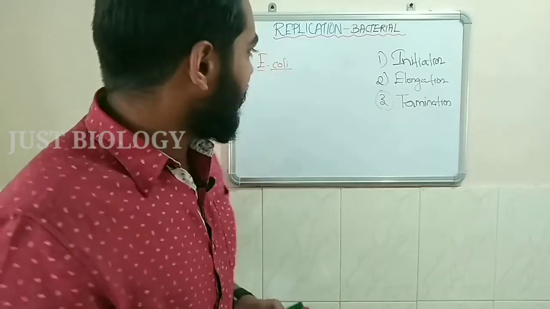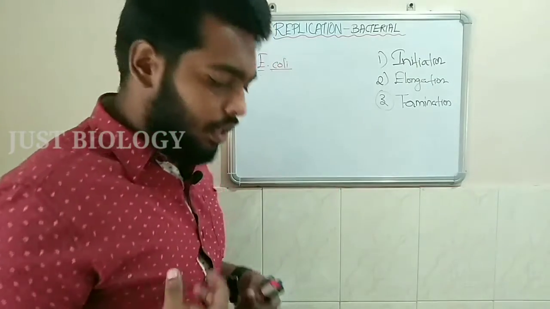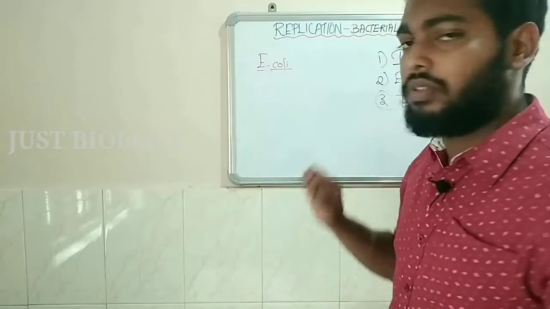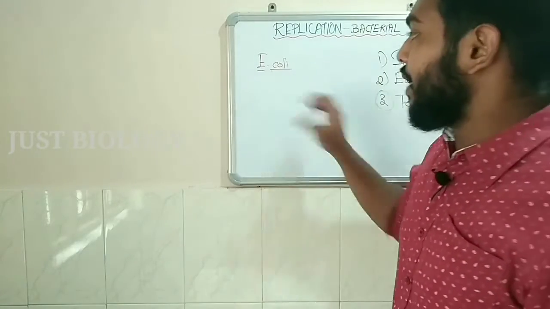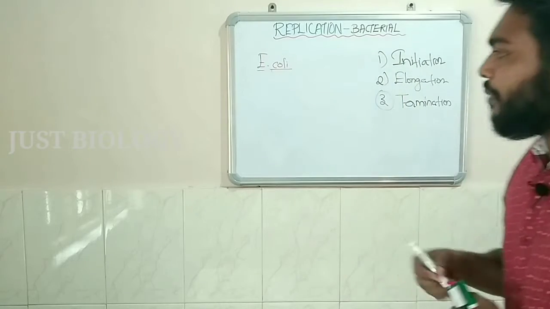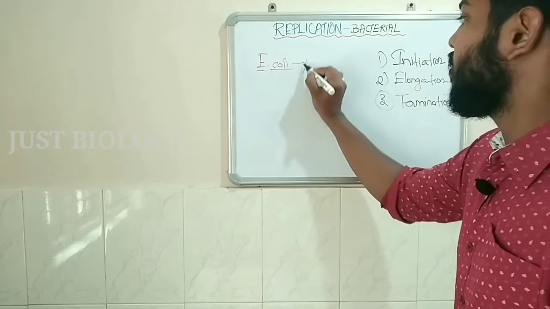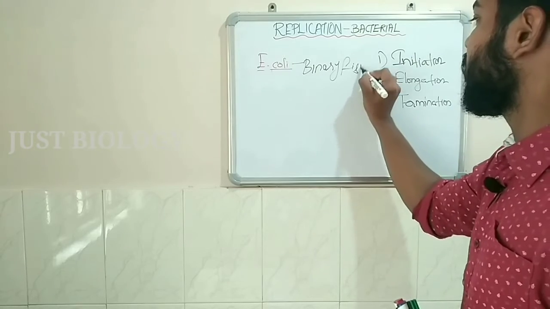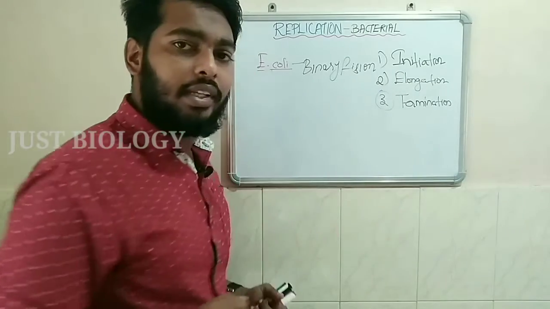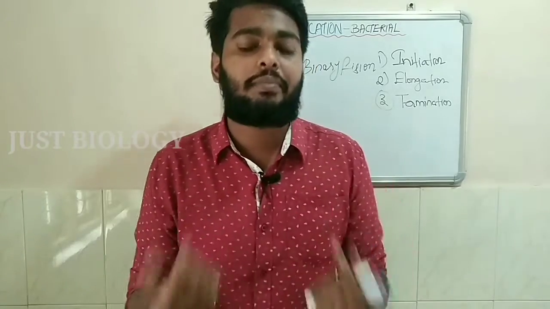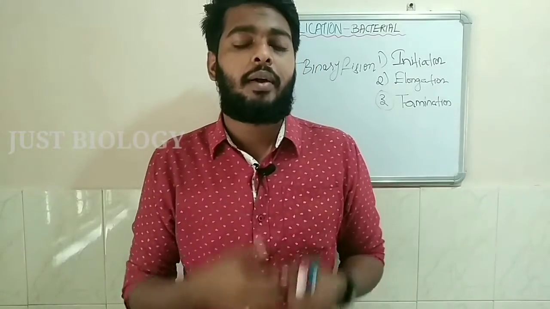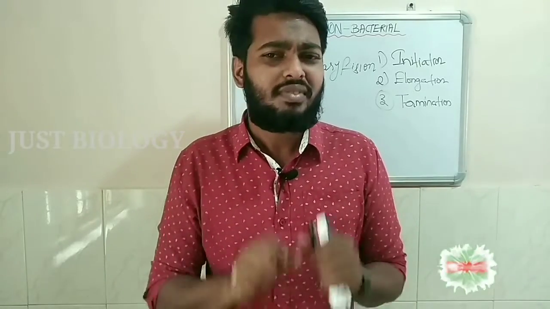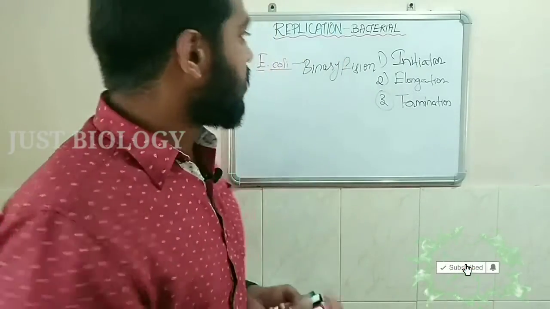Normally the E. coli cell goes through cell division by a specific process, which we can call binary fission. Binary fission means the cell will multiply or divide itself by increasing some physical properties of the cell. So that is what we'll discuss now.